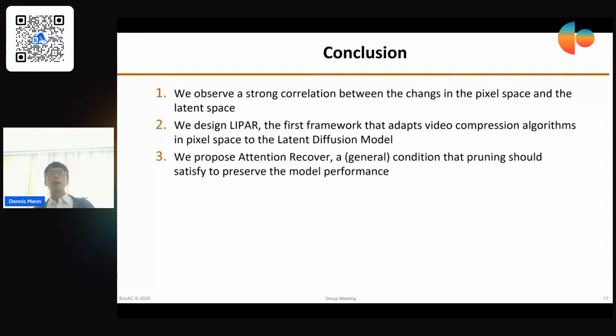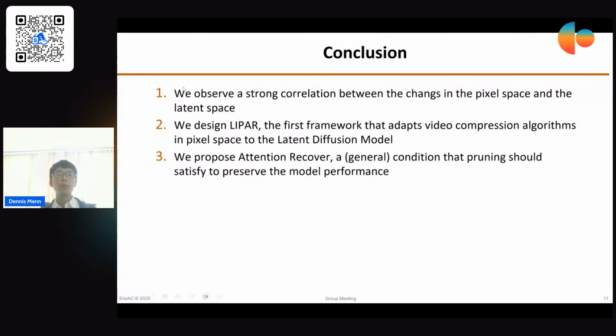Okay, so the conclusion of our work is we first observe a strong correlation between the changes in pixel space and the changes in latent space. And we design LIPAR, latent inter-frame pruning with attention recovery, the first framework that adapts video compression algorithms in pixel space to the latent diffusion model.